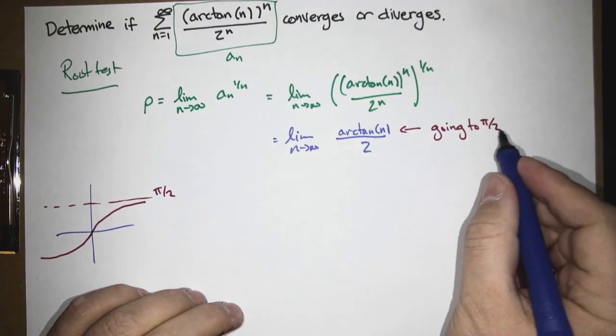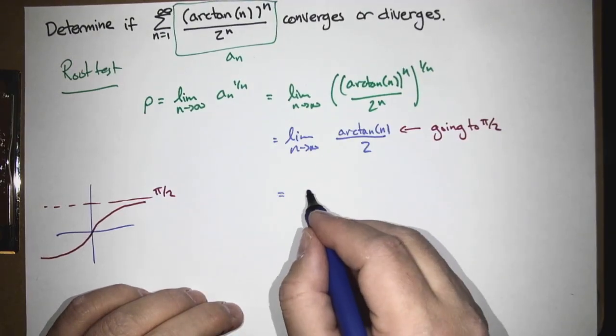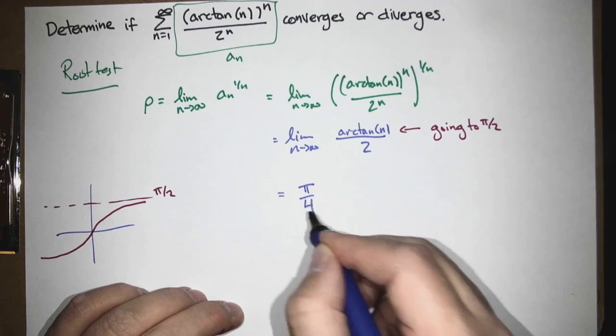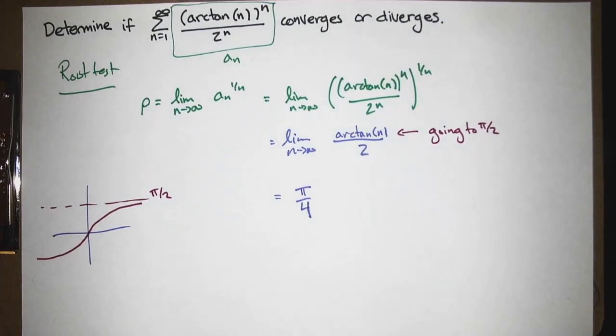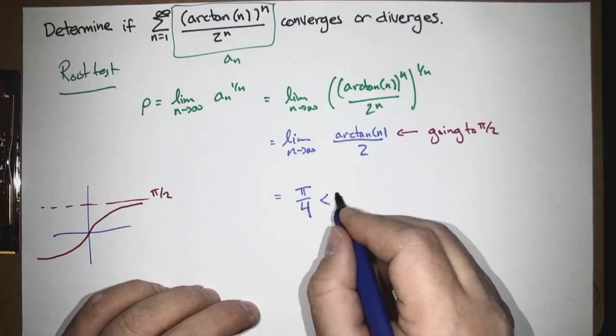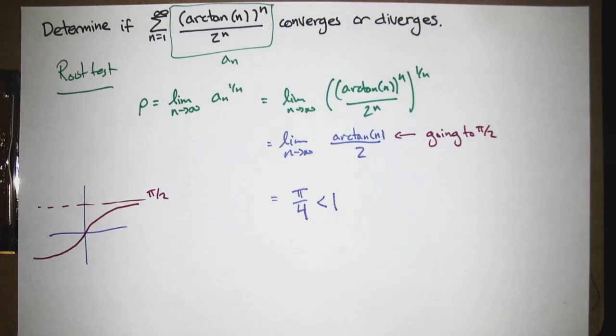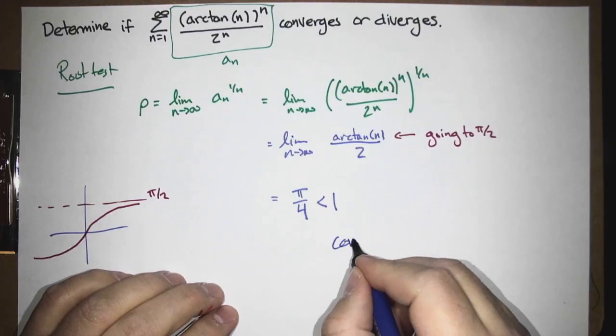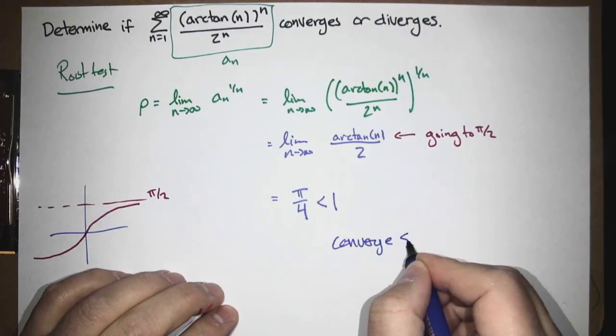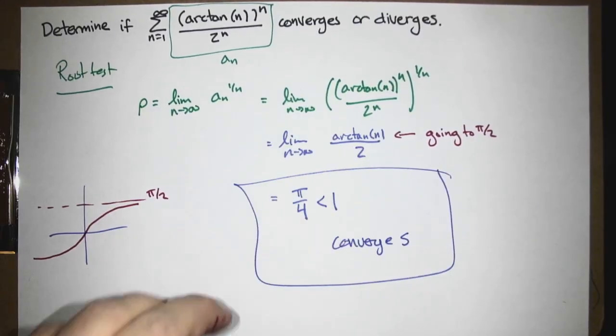Pi over 2 over 2, making it pi fourths. What's true about pi fourths? It's less than 1, because pi is 3.14159. Remember we said that. So, converge or diverge? Converge. Excellent. Okay, that's it for today.